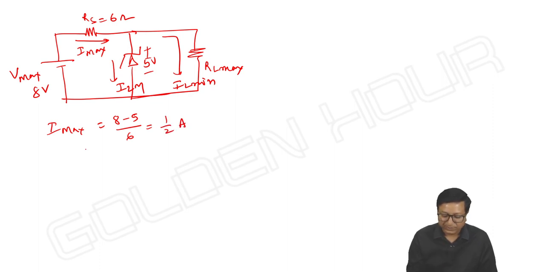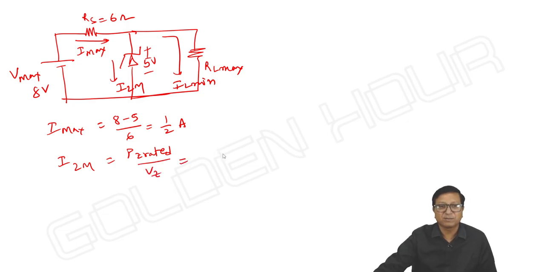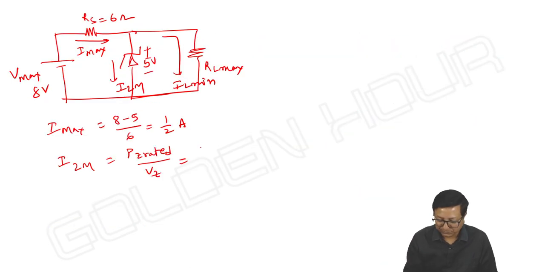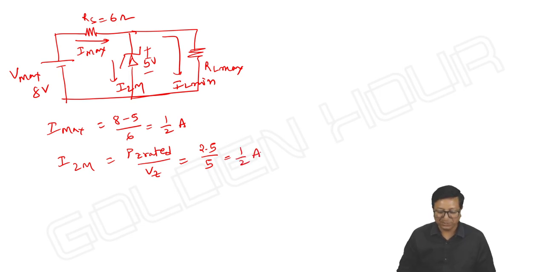And power rating is given, so IZM I can write here. It is just out of curiosity only. We are doing PZ rated by VZ. It is equal to, what is the rated power, friends? 2.5 watts by VZ, which is 5. So 0.5, 1 by 2 amperes.